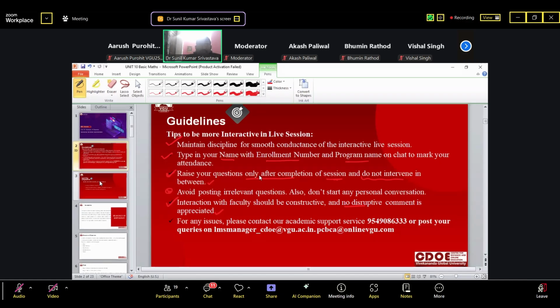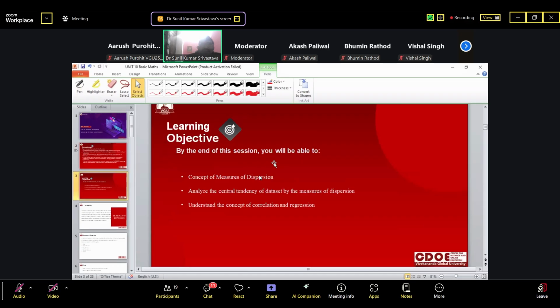Before starting the session, we have to know the learning outcome of these sessions. What will be learned after completion of the session? These are the learning objectives. The topic name is the measure of dispersion. First, we have to learn the concept of measure of dispersion. Also, we have to analyze the central tendency of the data sets by the measure of dispersions.